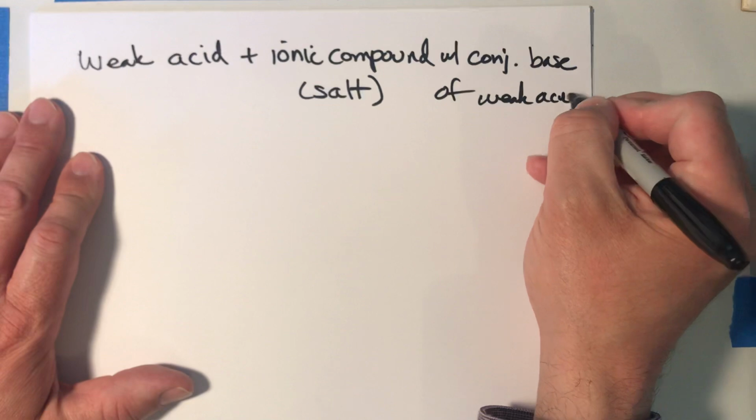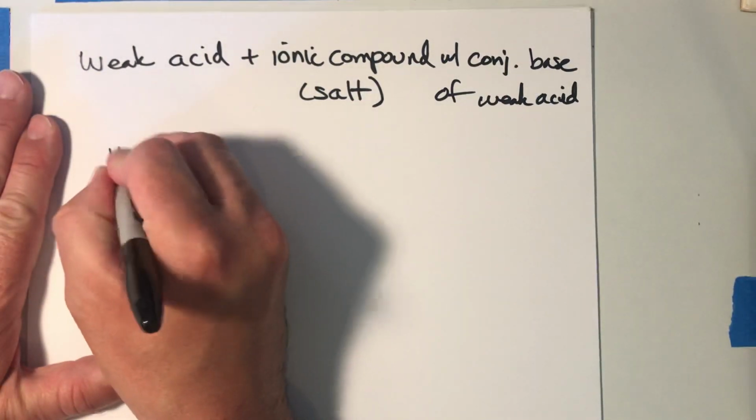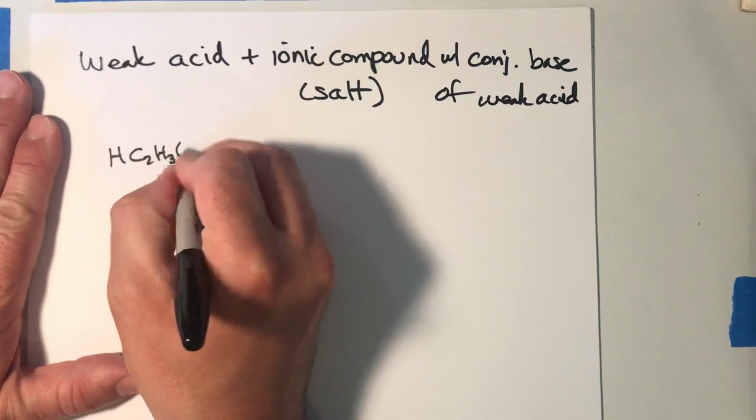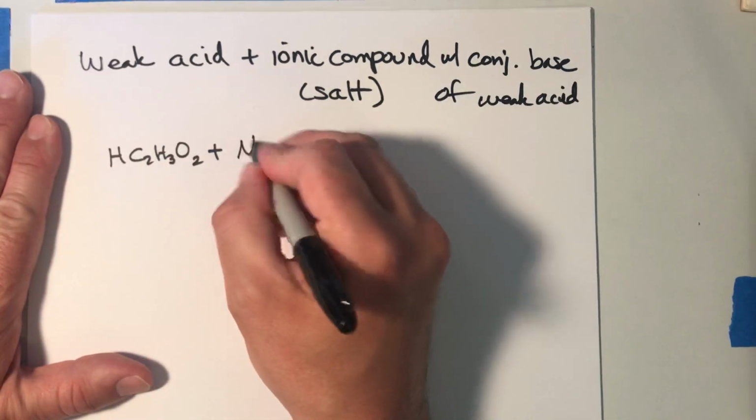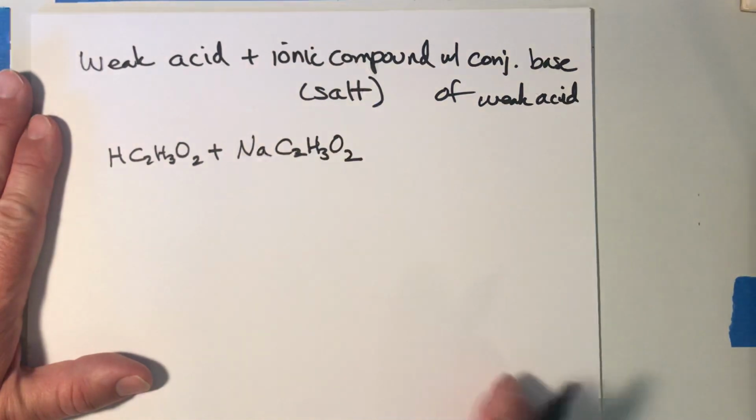So in our example that we just looked at, we have two things. We have acetic acid plus we have sodium acetate. That will give us a solution that is a buffer.